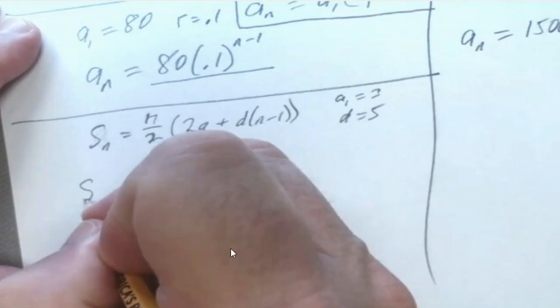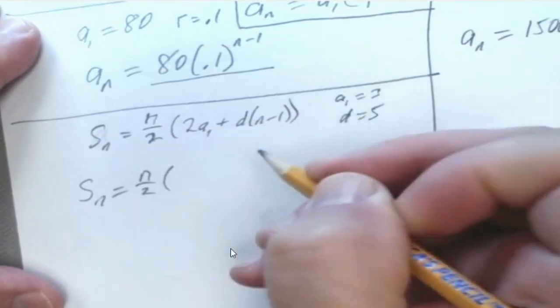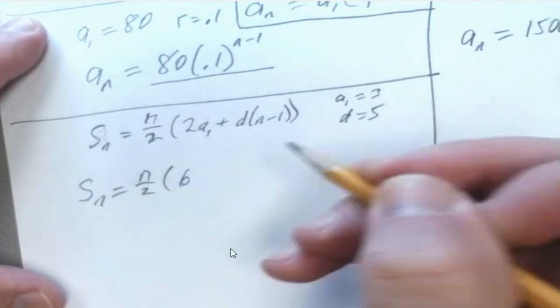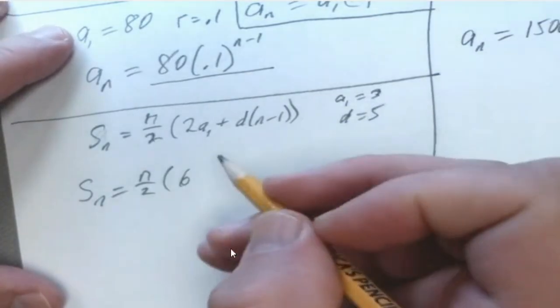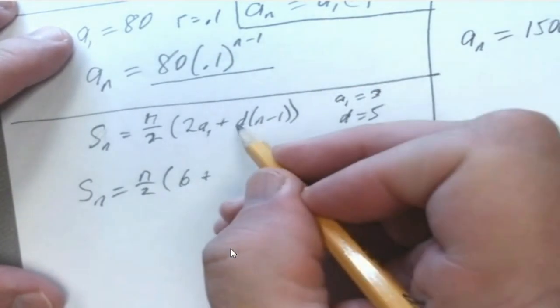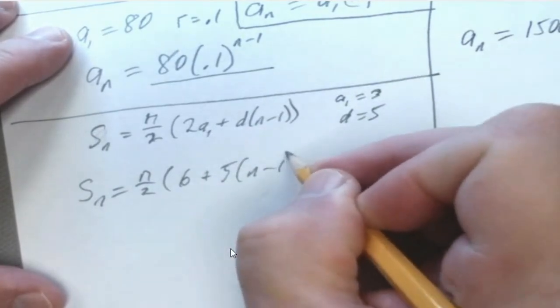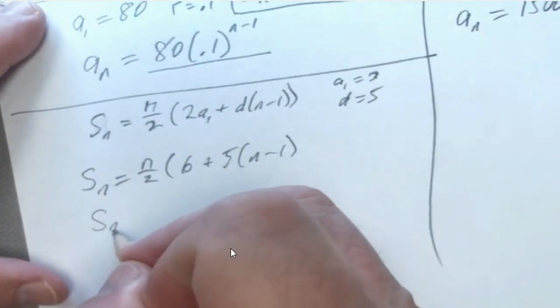So S sub n equals n divided by 2 times 2 times the first day. So that's 6 because the first day was 3. Plus d, 5 times n minus 1. Okay.